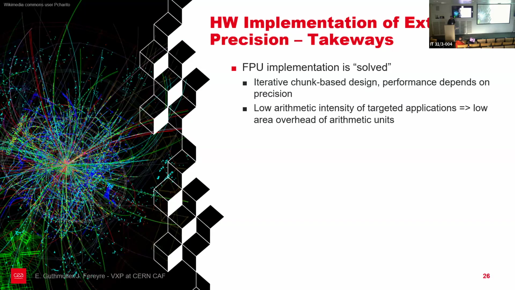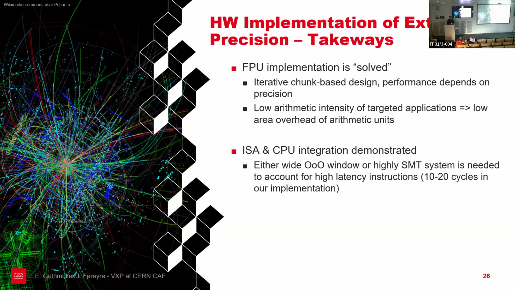As I said, it's an iterative chunk-based design, so performance depends on precision, and it's needed to have an FPU that is not too costly in terms of area. And again, the lower arithmetic intensity of targeted applications should make it not very costly, because you probably don't need a lot of arithmetic performance to saturate your memory. So the overhead should be quite low in terms of system.